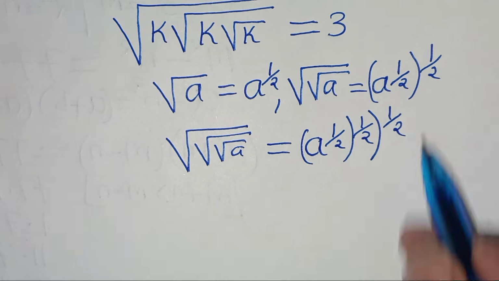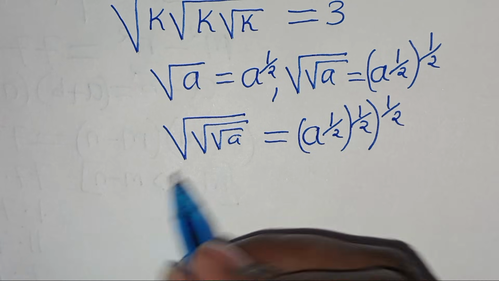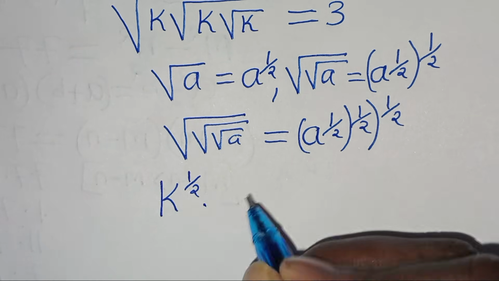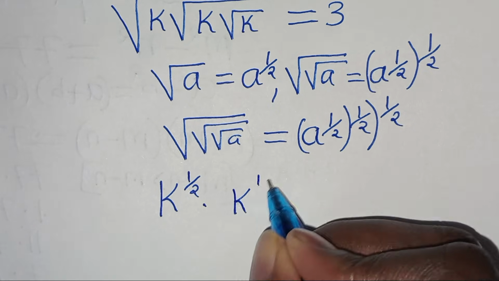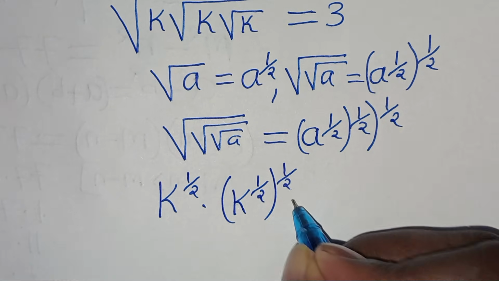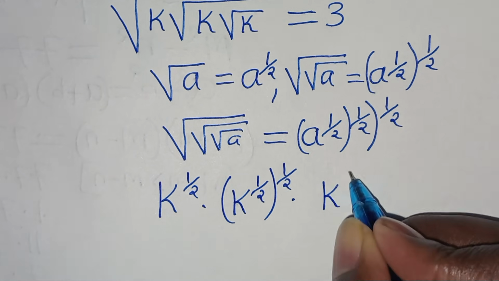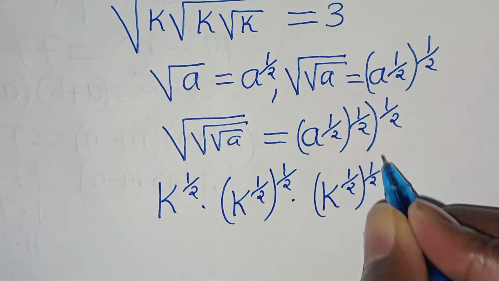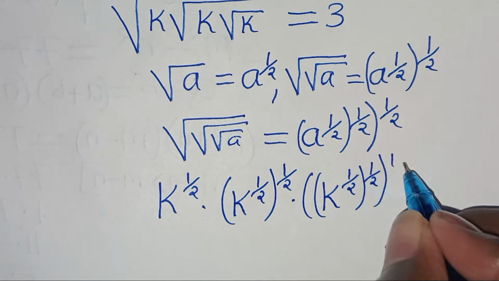Applying this property, we have k raised to the power of a half, times k raised to the power of a half, then raised to the power of a half, times k raised to the power of a half, raised to the power of a half, and then raised to the power of a half.